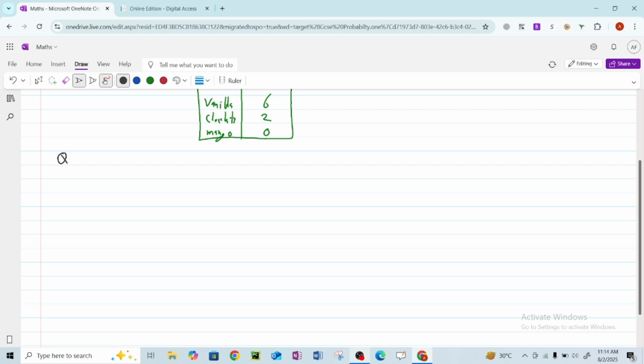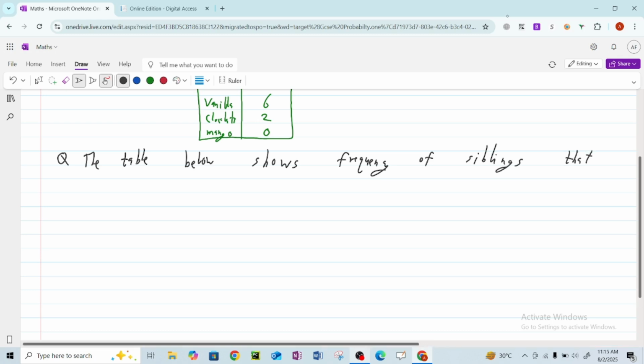For example, the table below shows the frequency of siblings that people have.